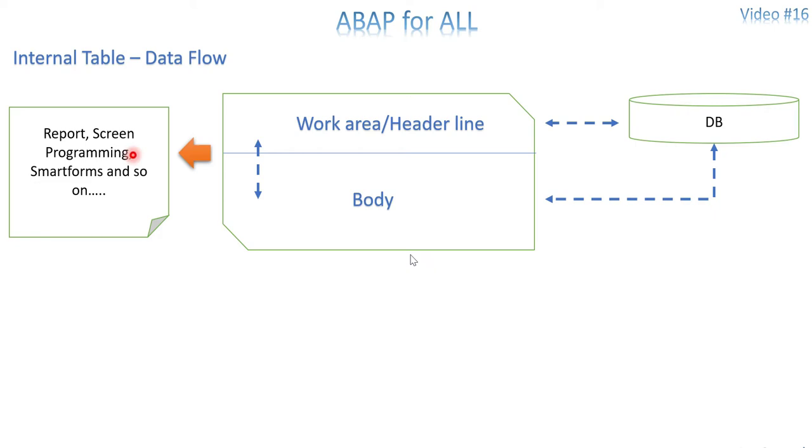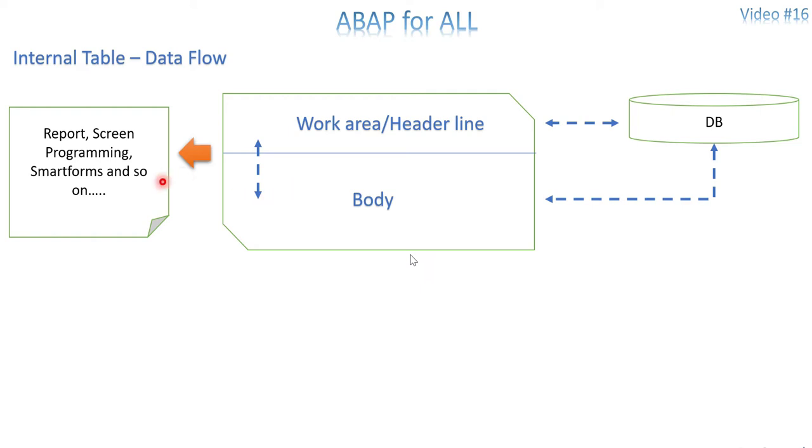Not all targets accept data from the body of an internal table. They want the data to come via a work area or header line, so you have to move the data from the body to the work area, one by one. Record one from the body to the work area and then to your report or screen programming, whatever it is.